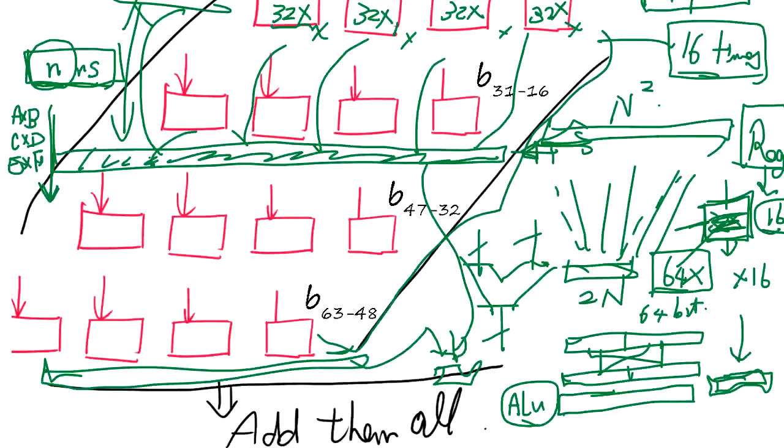So the register is big. The multiplier is even bigger. A 64-bit multiplier is much bigger on the CPU chip. You see the CPU chip, the big portion in the middle is the multiplier and the registers. The ALU is moderate size.